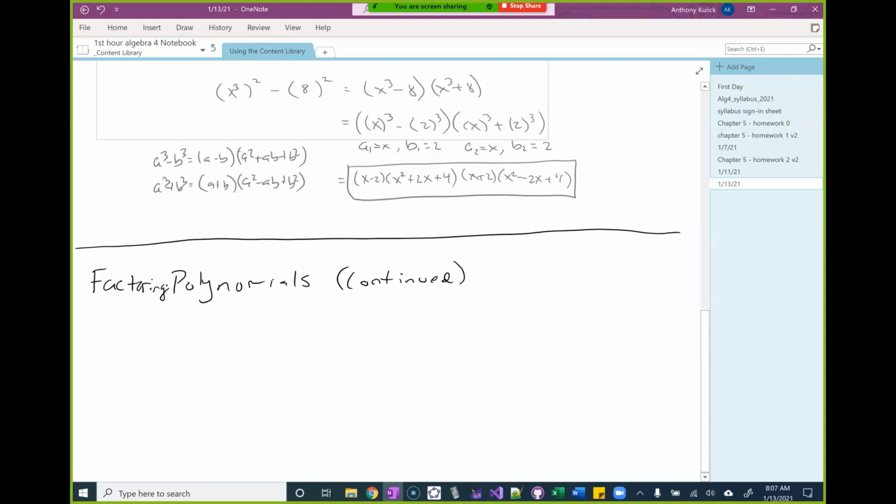And I'm just going to do some more examples of this to just kind of get us a little bit more comfortable working on this.